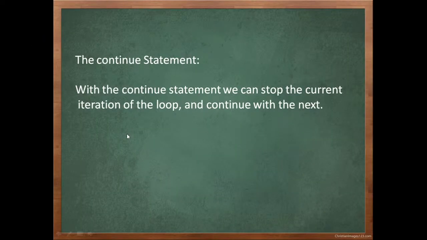Okay, let's see about the continue statement. In the previous example, we have seen the break statement. If we want to skip the present iteration, we can use the continue statement. The remaining iterations will be carried on.